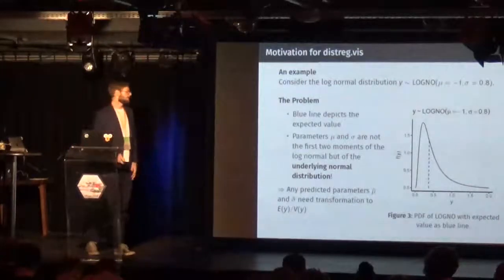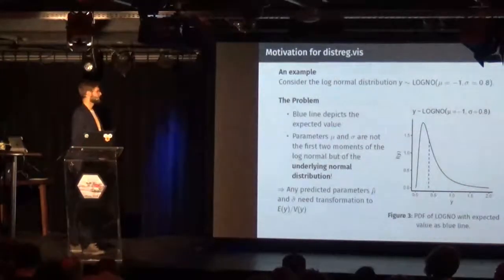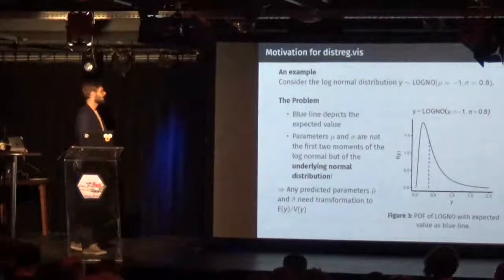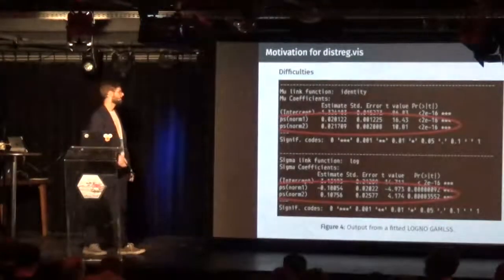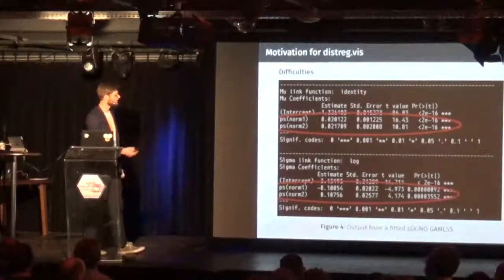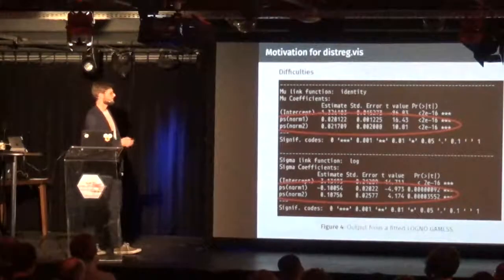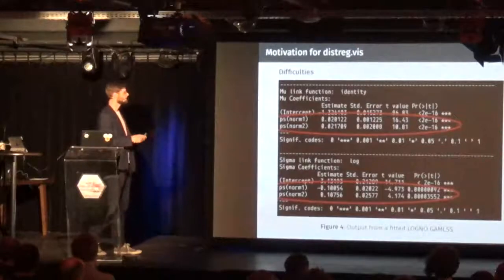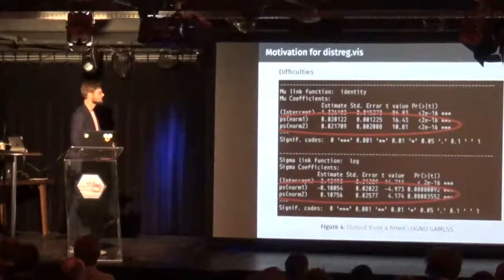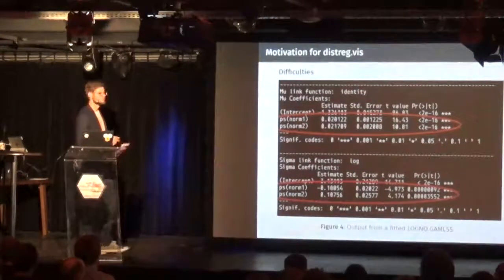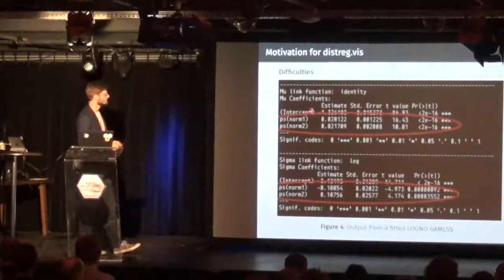And so what essentially happens often is that you are looking at an output of some model. Let's say this is a Gamos type model. This plot is sliced in two parts. We have here the results for the first parameter, which is the mu, and it has an identity link function.